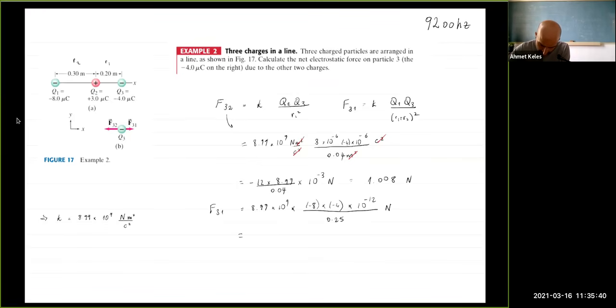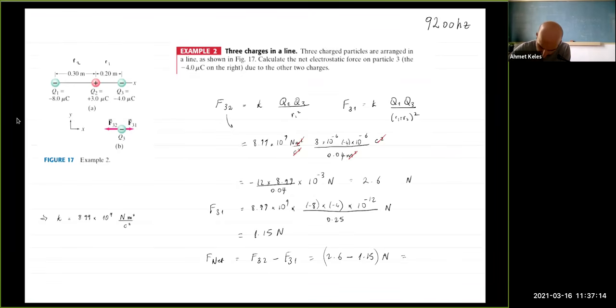12 times 8.99, it's like 2.6 Newton, something like that. And the other one, 1.15 Newton. So F net is equal to F32 minus F31, which is equal to 2.6 minus 1.15, so 1.45.